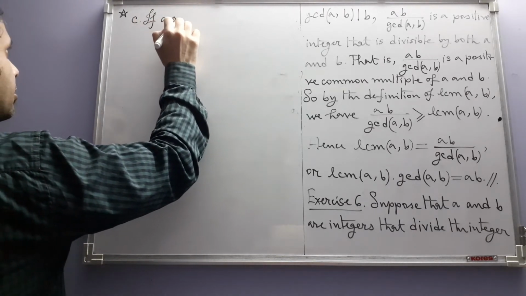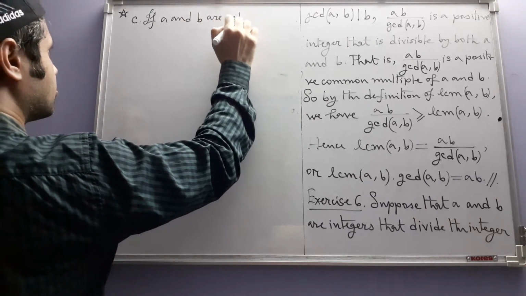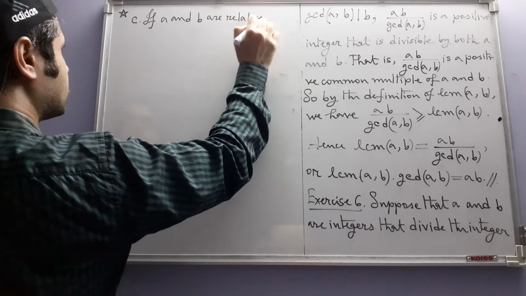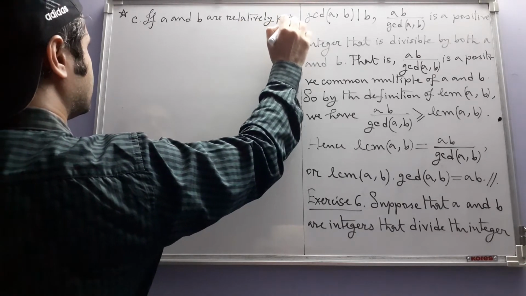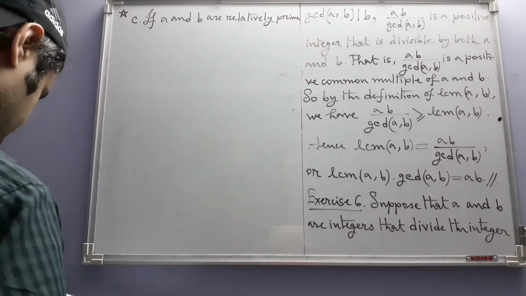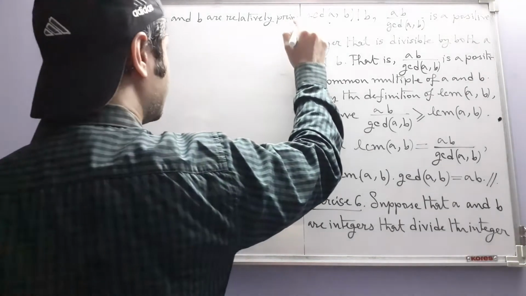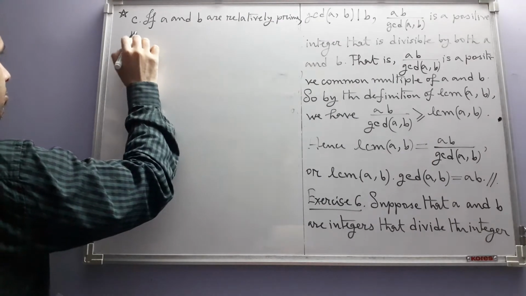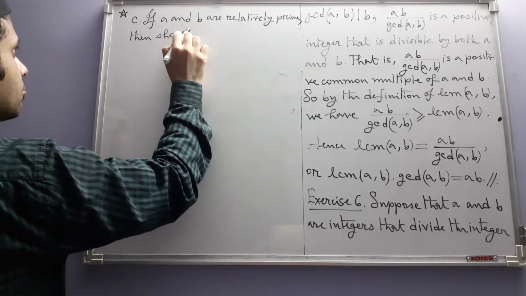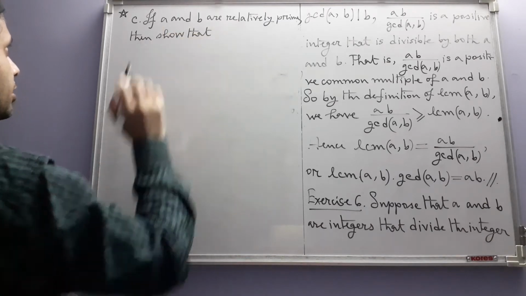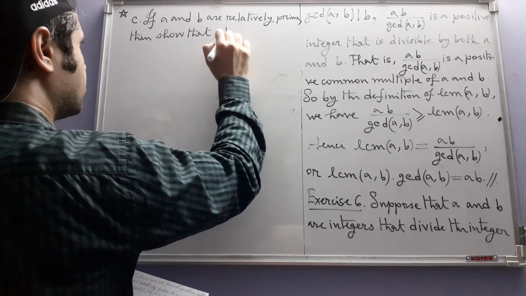If a and b are relatively prime, then show that ab divides c.